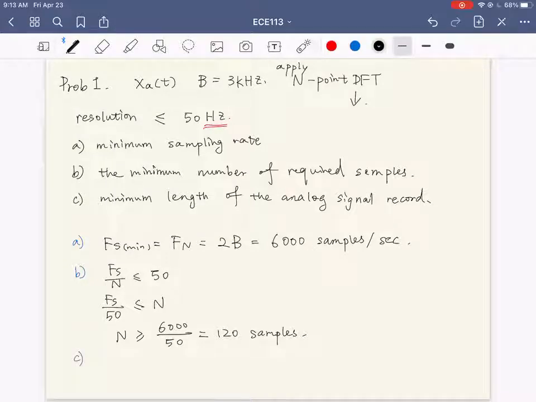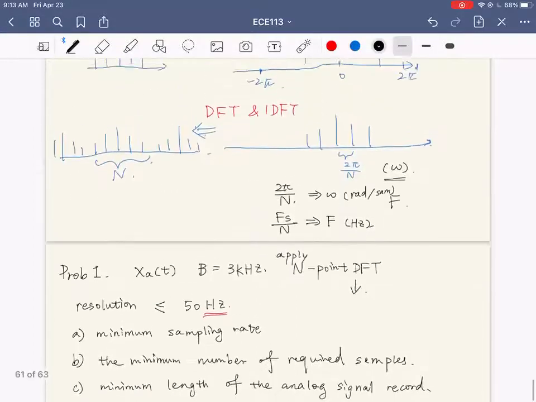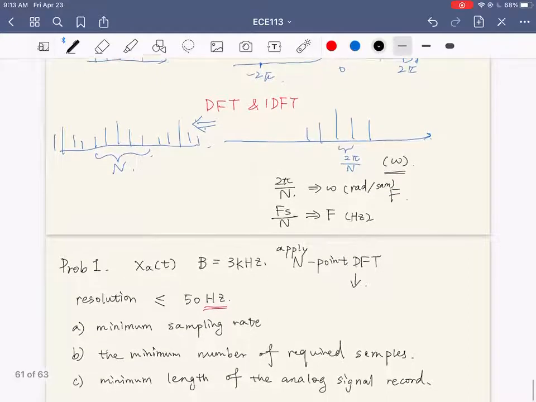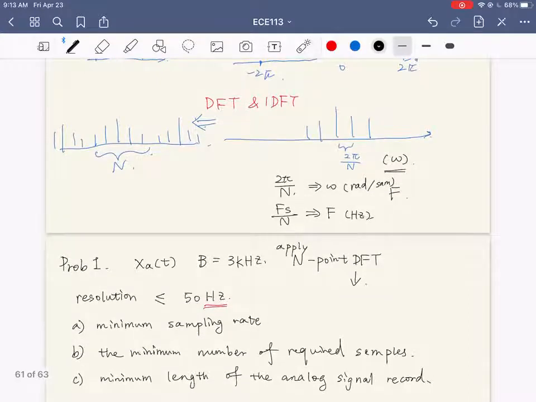And let's come to part C, the minimum length of the analog signal record. So what does it mean by the length of the analog signal? If we go back to the time signal diagram here, we'll see that the period is N samples, right?